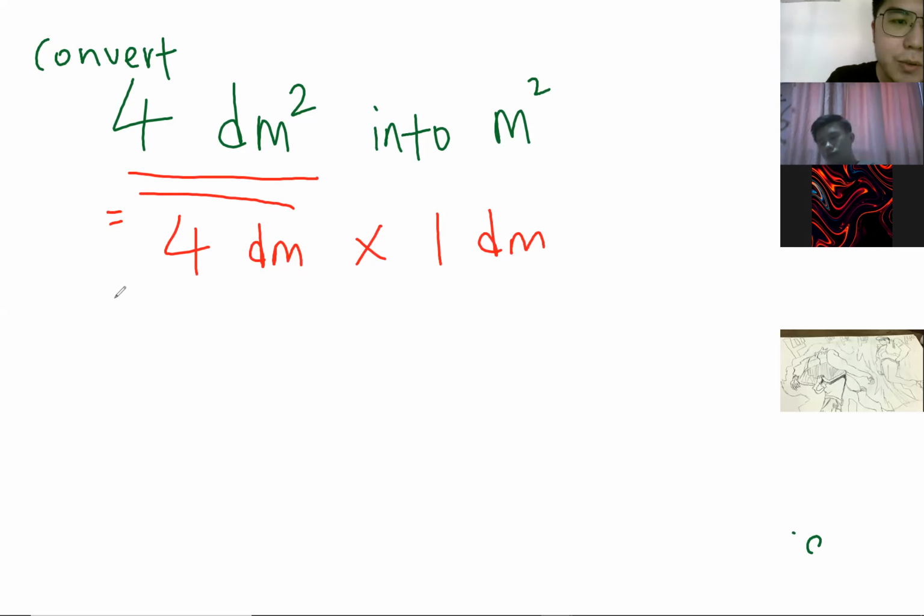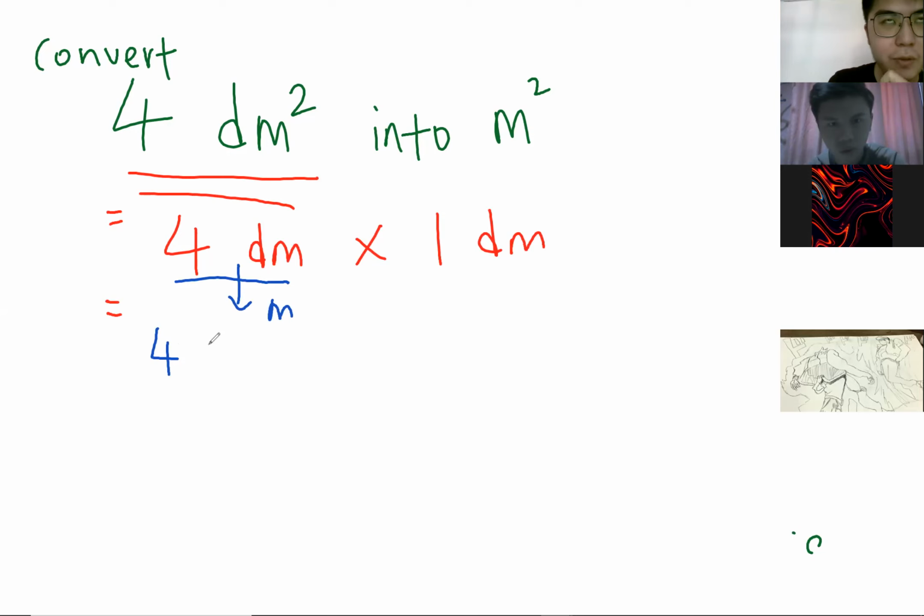Now, what do I do next? I convert them one by one. I convert this one to m. dm is a prefix, right? Prefix to base, dm to m, so we times the factor.